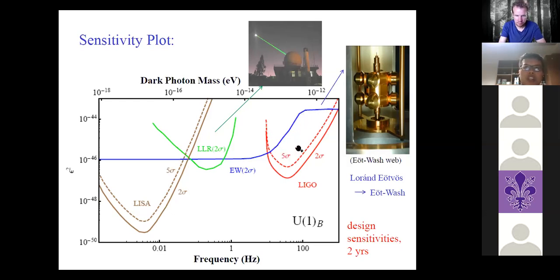And here, the red dashed curve and red solid curve show you the expected 5 sigma and 2 sigma constraint of the advanced LIGO design sensitivities using 2 years of 100% lifetime run data. Similarly, the brown curve shows you the expected constraint from LISA. And from this plot, we find that the gravitational experiment can probe the unexplored parameter region of dark photon dark matter.